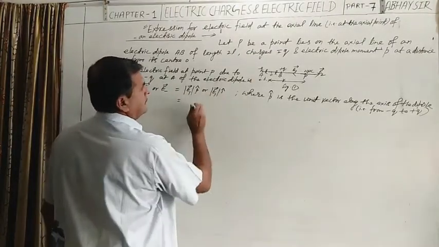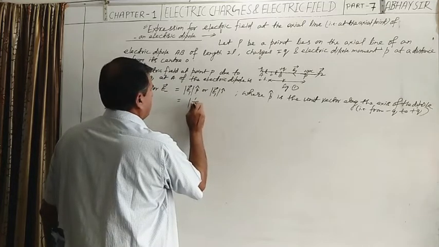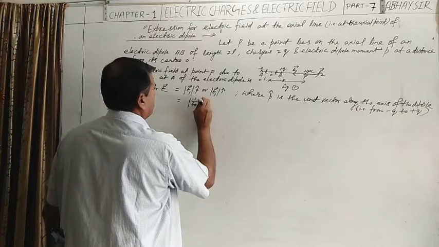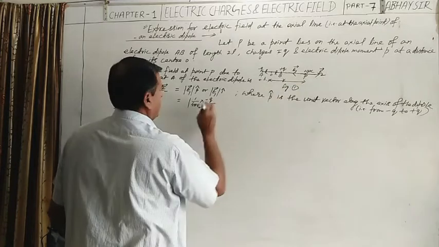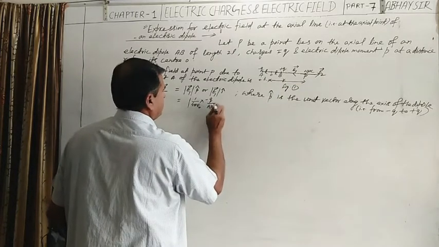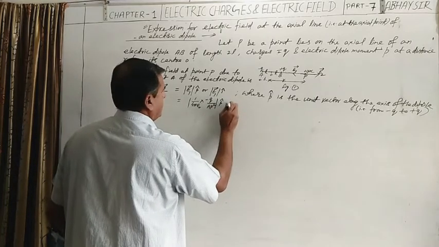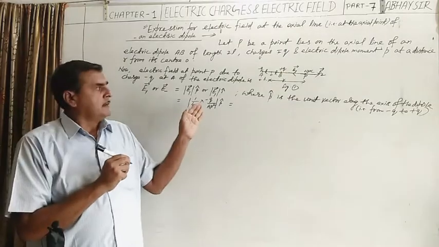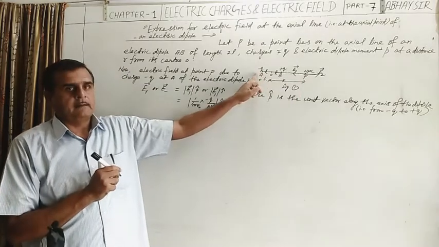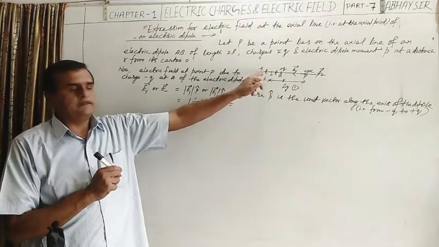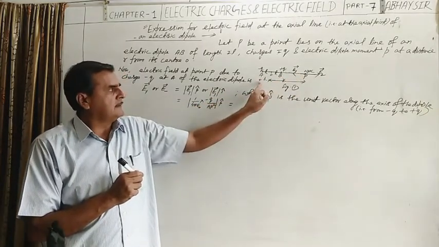But here mod of E1 is 1 upon 4 pi epsilon naught, minus q upon AP square, P cap, by using the formula of electric field at a point due to a point charge. Here the point charge is minus q, and we want the electric field intensity at the axial point P at distance AP.